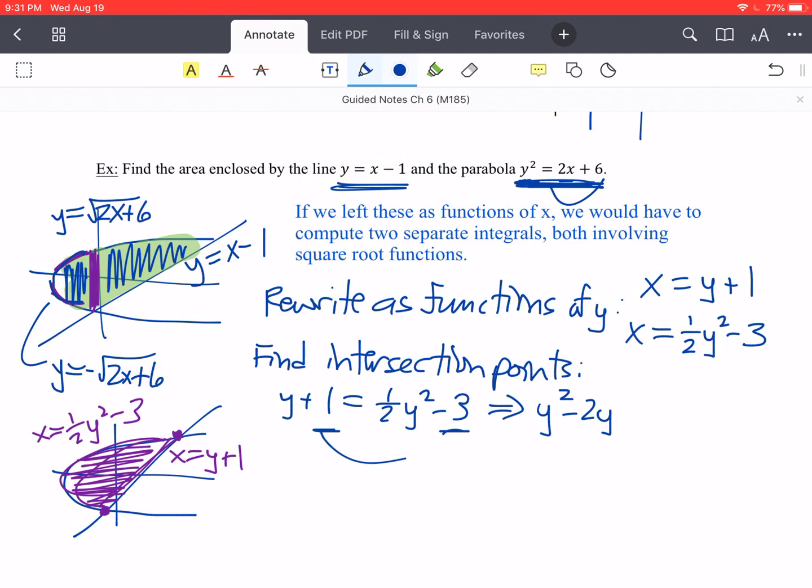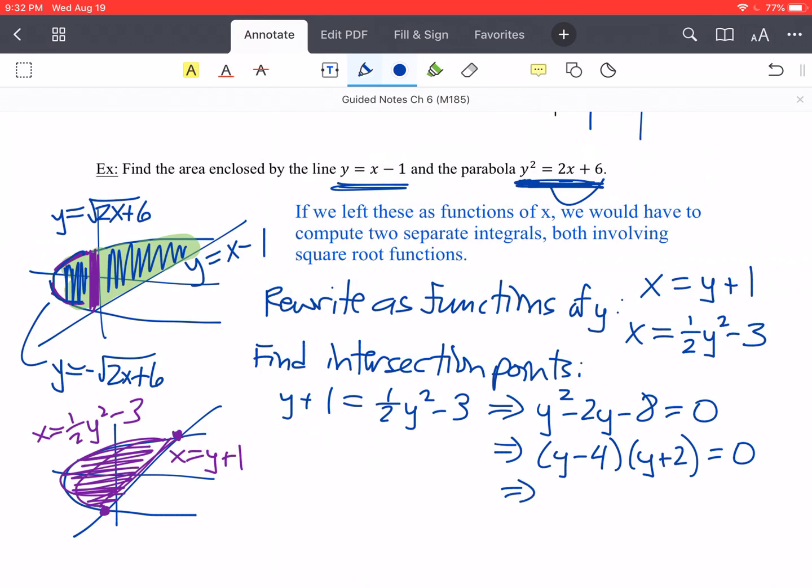Subtract that over, that's going to be minus 8 equals 0. Okay, factor. It's going to be y minus 4, y plus 2, I believe. So we get y is negative 2 and y equals 4 in ascending order.